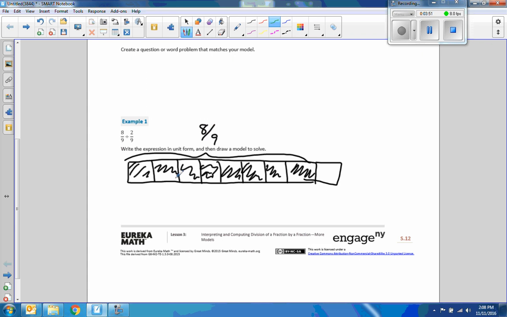Well, there are 4 2's in 8. So this would be 2/9. This is 2/9. This is 2/9. And this is 2/9.